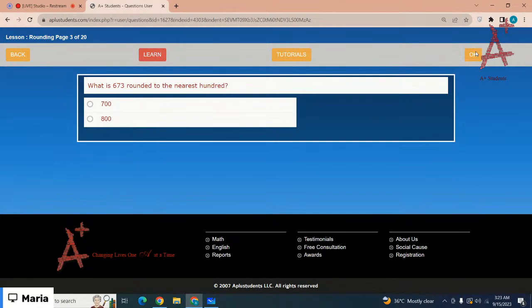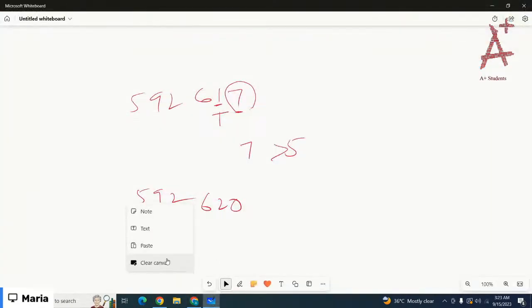Let me just write it down on the board. 673. 6 is at the hundreds position, right? On the right hand side, you have 7. Compare this number to 5. 7 is greater than 5.